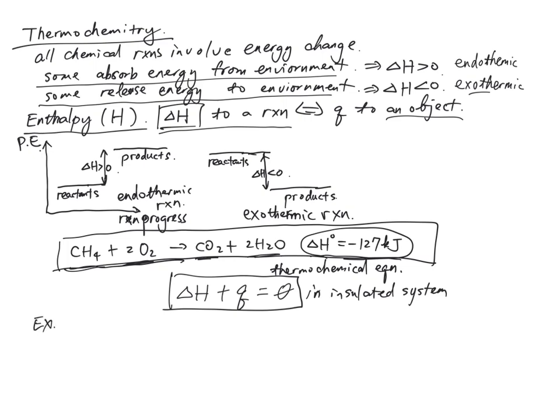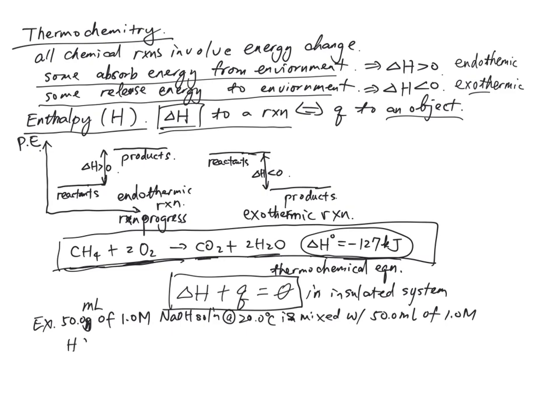50 grams of 1.0 molar NaOH solution at 20 degrees Celsius is mixed with 50, let's use milliliter since we have molar, milliliter of 1.0 molar HCl solution, also at 20 degrees Celsius in a coffee cup.